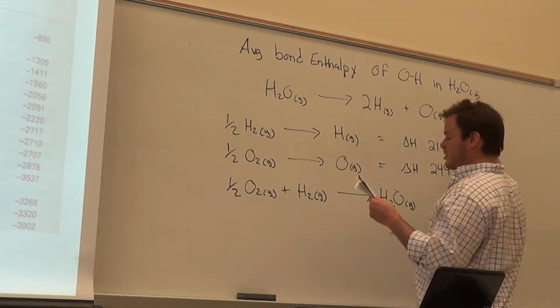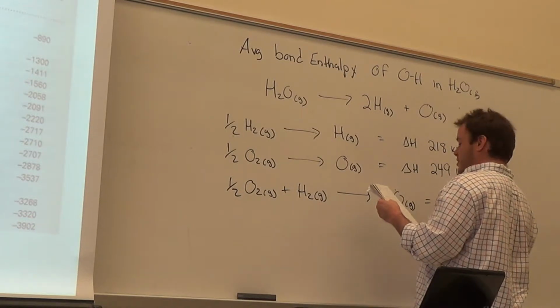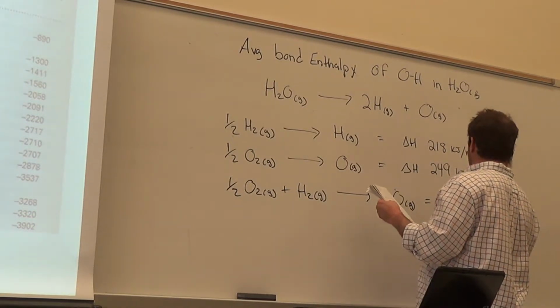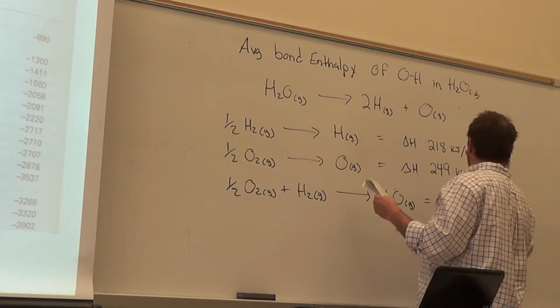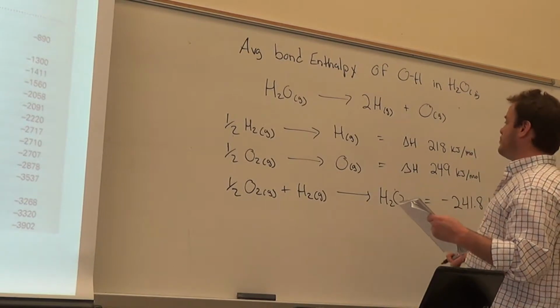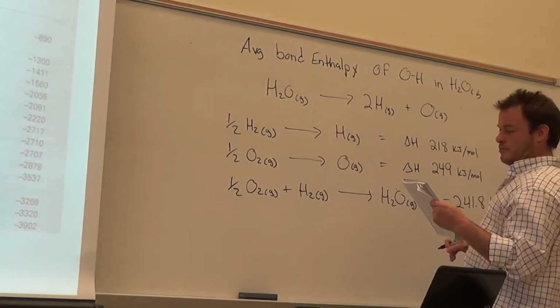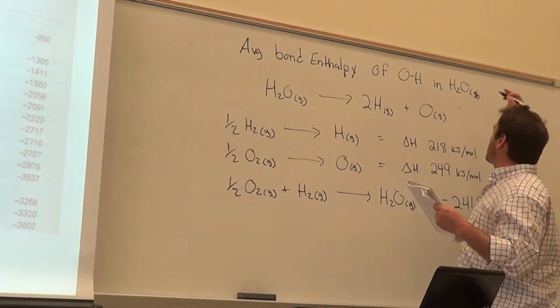It might be gas. That we got negative 241.8 kilojoules per mole. Yeah, so we're talking about gas phase there.